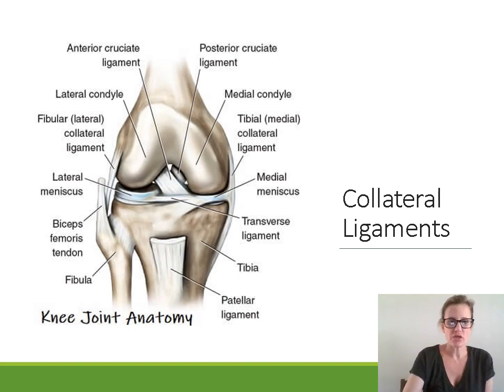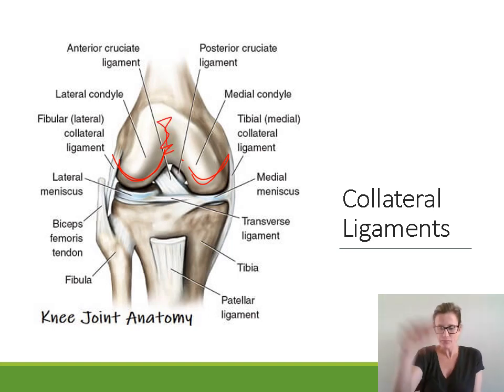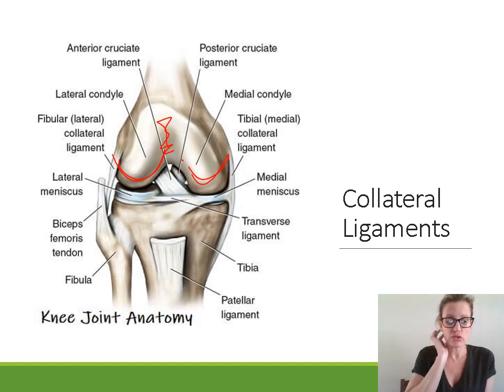When we look at this picture right here, you see up top the femur. And remember, the femur has a lateral condyle and a medial condyle. And then this is the patellar surface where the patella would sit. The inferior bones you see are the tibia and the fibula. The tibia also has condyles, so there's a medial condyle here and a lateral condyle here.